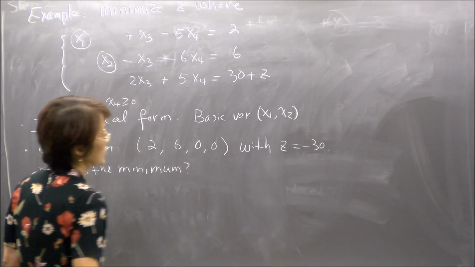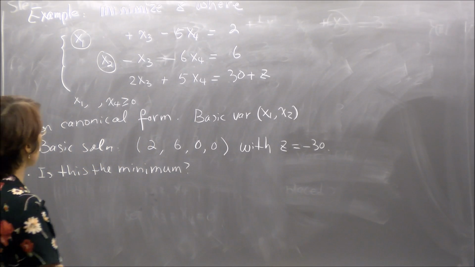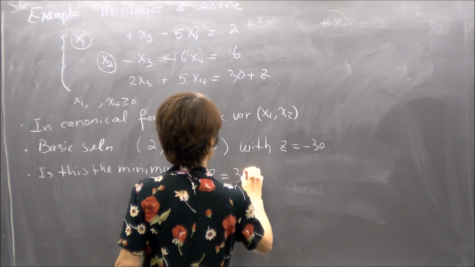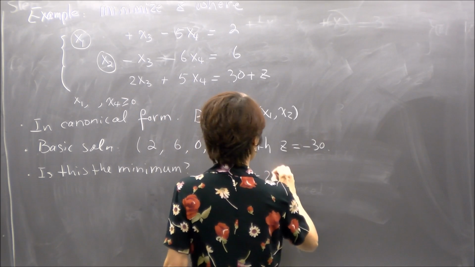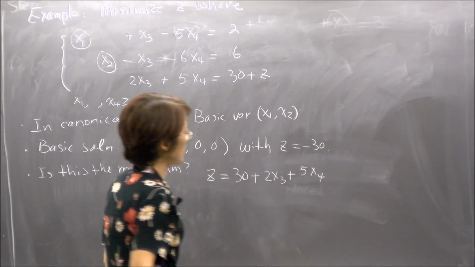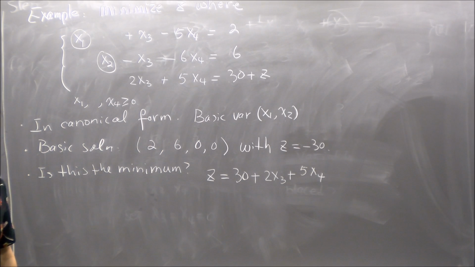How do I find that out? Can I rewrite z, if I express it out, as negative 30 plus 2x3 plus 5x4? What gives away to see that this is the minimum?